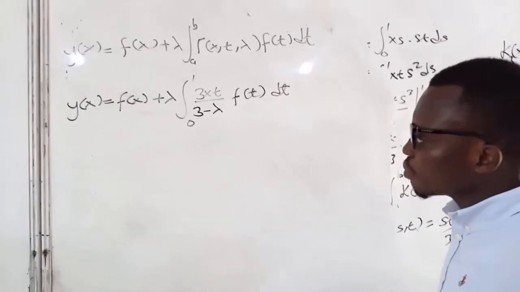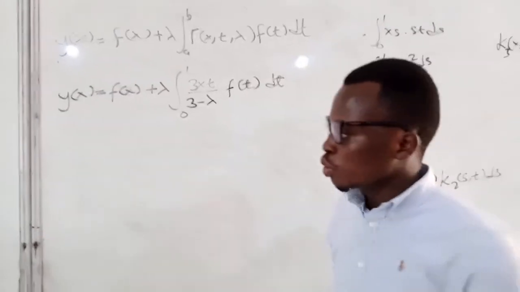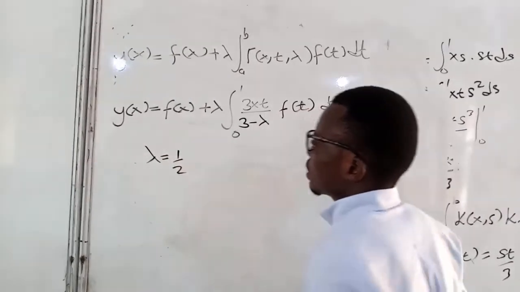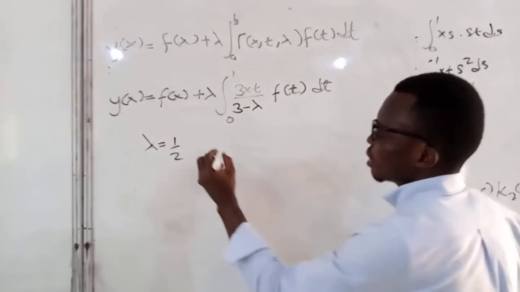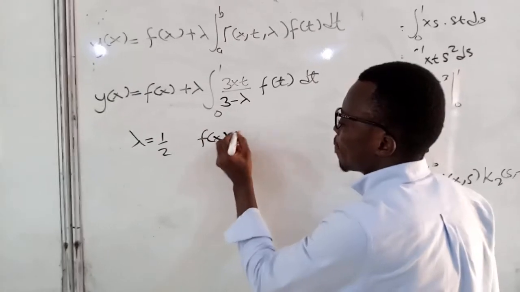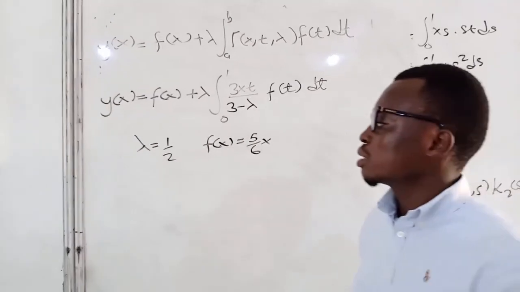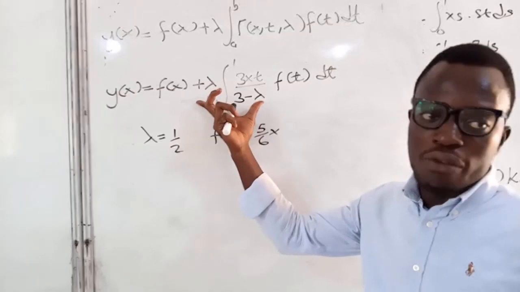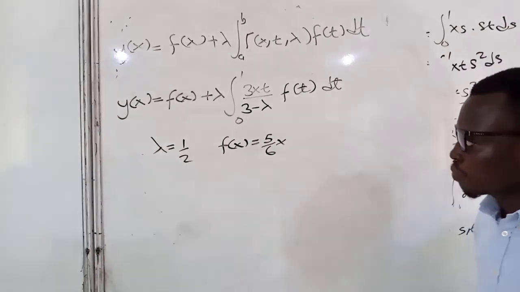In the same question, they gave us our parameter lambda to be equal to half, and the free term f of s to be equal to 5 over 6 s. Now I need to substitute these into this equation, then we can find the solution to the integral equation given in the question.